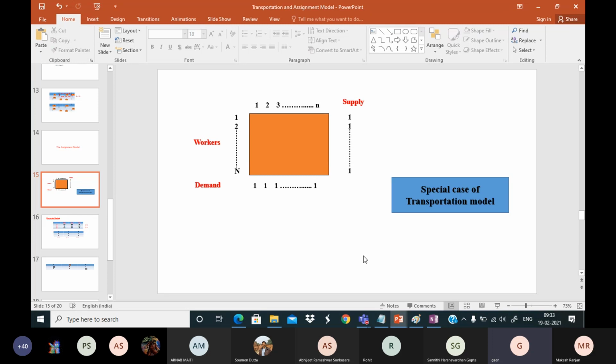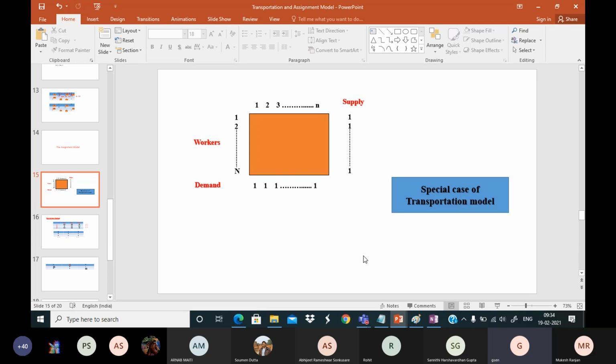Because TSP, if you look at the TSP, traveling salesman problem, what is it? It is actually a variant of assignment problem, right? Because you see the first two constraints of the TSP are of assignment type. Only the third constraint, which is the subtour elimination constraint, is creating the problem there.